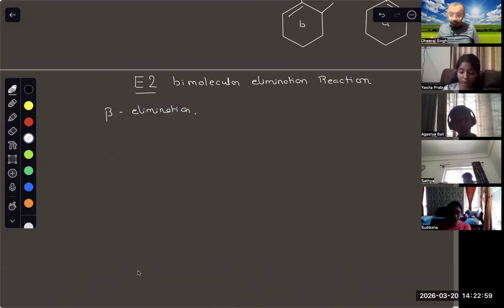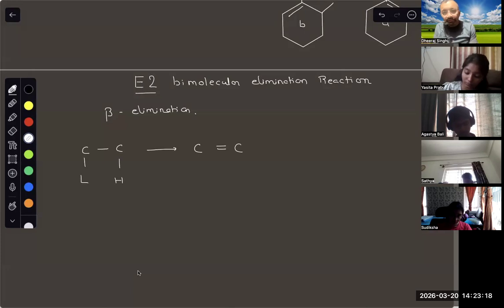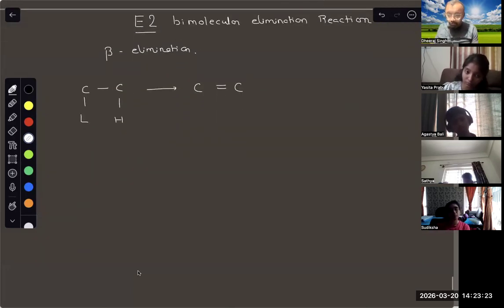Alpha can have 2 or 3 beta carbons. So this is leaving group, this is hydrogen. It'll create a carbon-carbon double bond. This is what we have learned in E1 also. What is so special in E2? In E2, everything happens simultaneously. It's a bimolecular elimination.